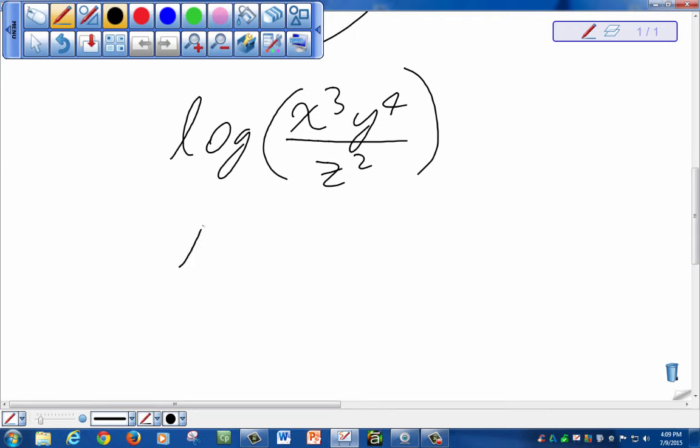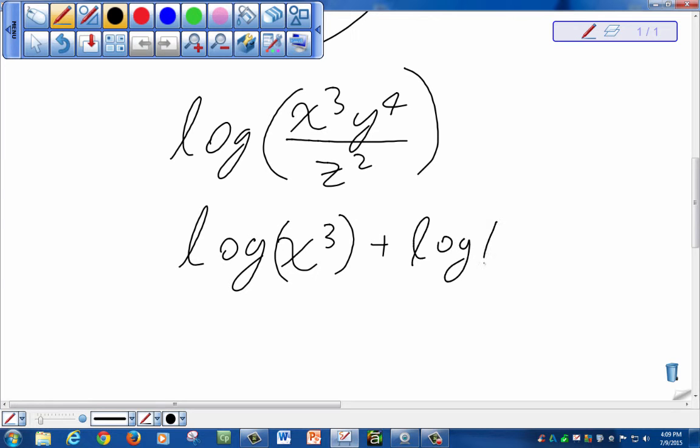What that means is this. We can split up that x cubed, the y to the fourth, and the z squared by writing out this way, separate. All the ones above are going to be addition, but all the ones that are divided on the inside are converted to subtraction. And then we could convert back if we wanted to.